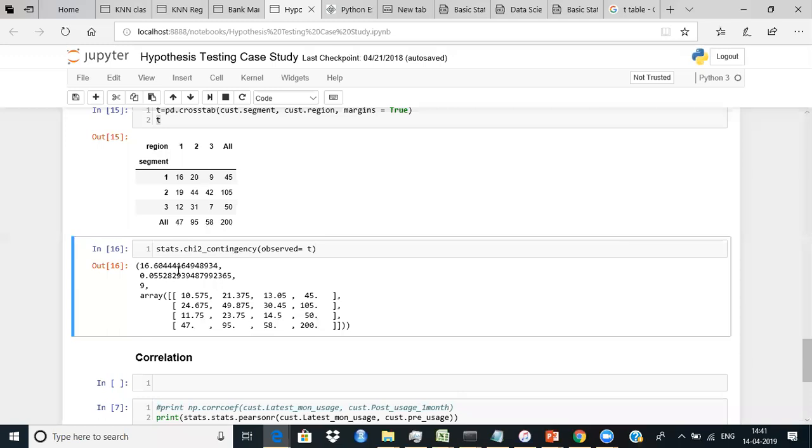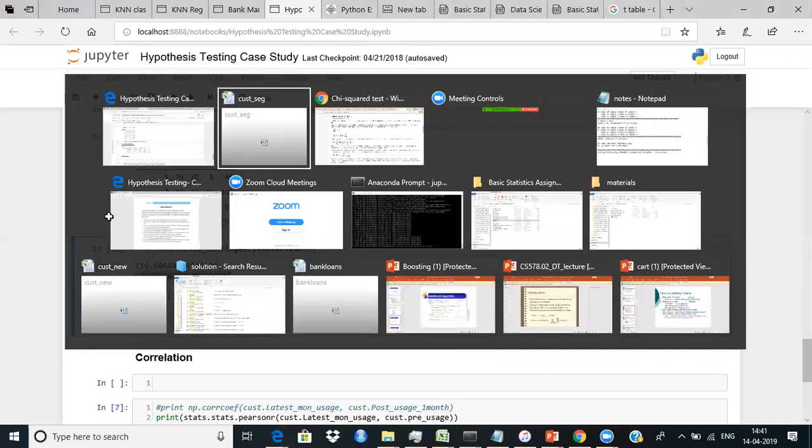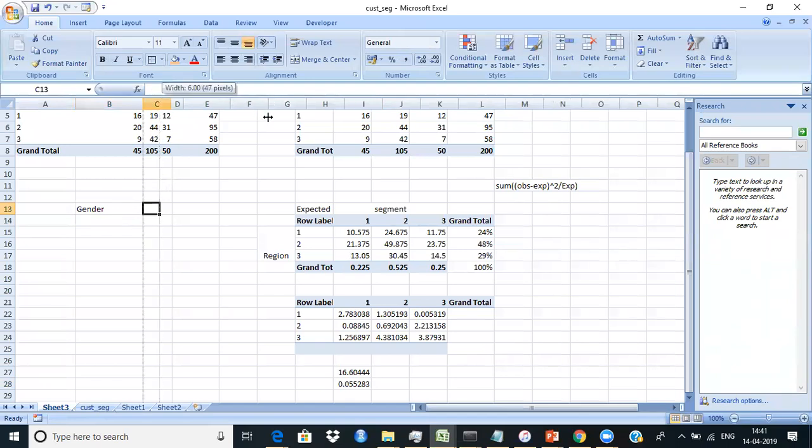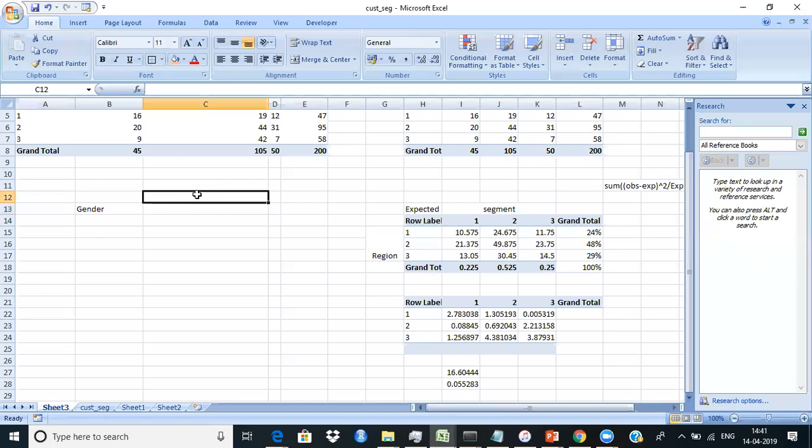Now, there are two things to remember, right? Usually, we are only interested in the p-value. But if somebody asks you that, let's say I have gender, I have hair color, and I have skin color.